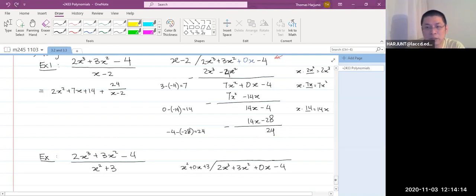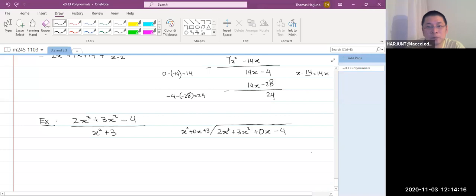Now, let me start. X squared times what gives me 2x cubed. 2x, right? Now, the place for the x term is here. So I put 2x there.